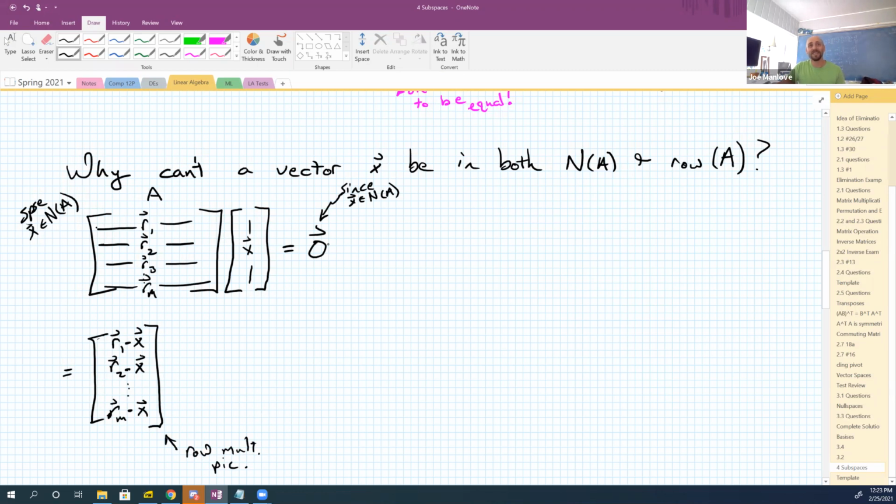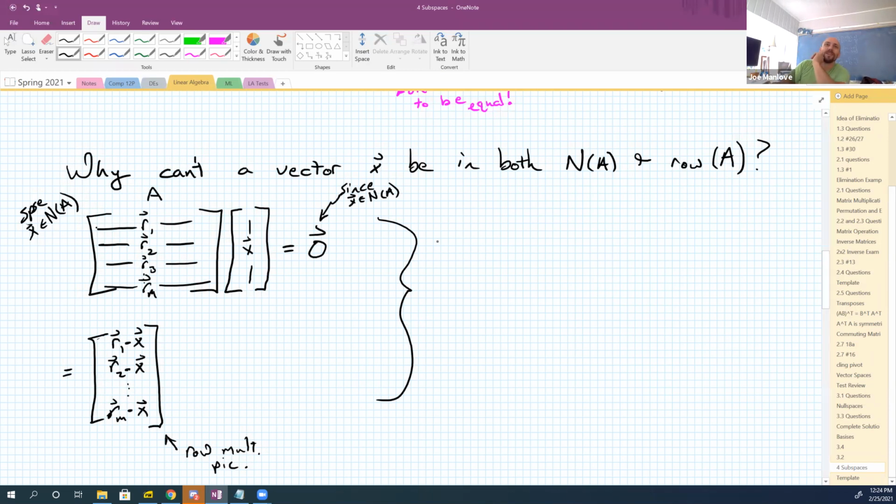So if this is indeed the 0 vector, what do these 2 facts together mean? These mean head equals to explode. This should be like a head popping moment. What does it mean?